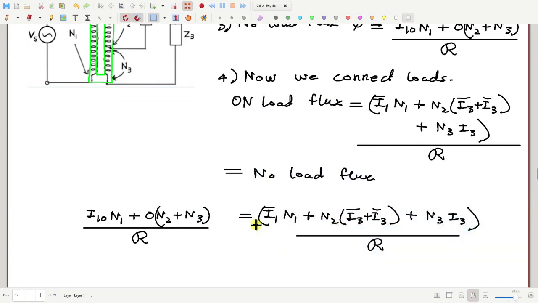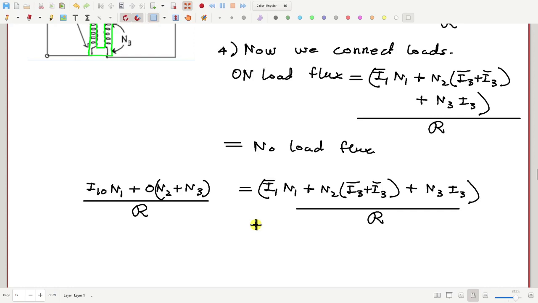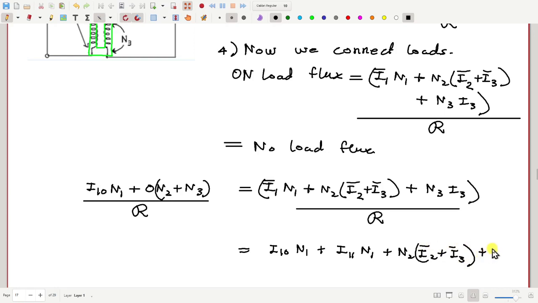So these two quantities should be equal to each other, but the right hand side, if I break I1 into I10 N1 plus I11 N1, plus N2 into I2 plus I3, plus N3 I3, whole divided by the reluctance.